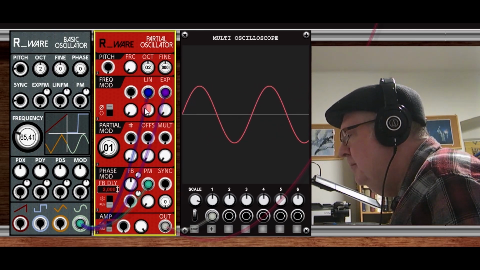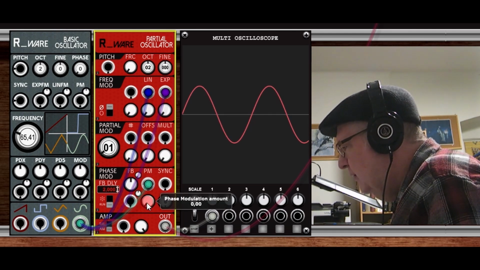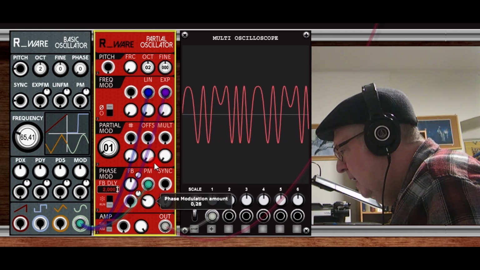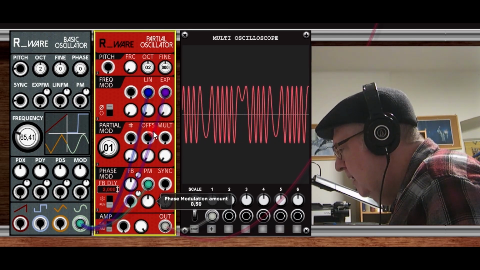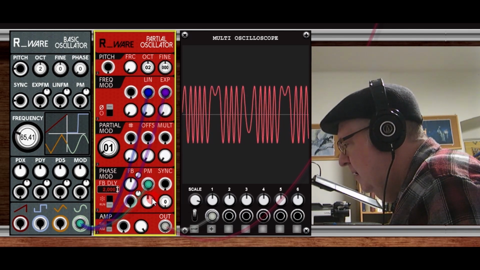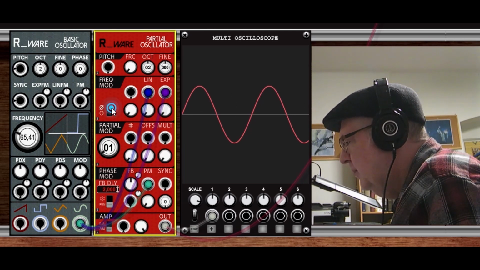Okay, and now the same with 50%. 50% phase modulation. Linear FM.